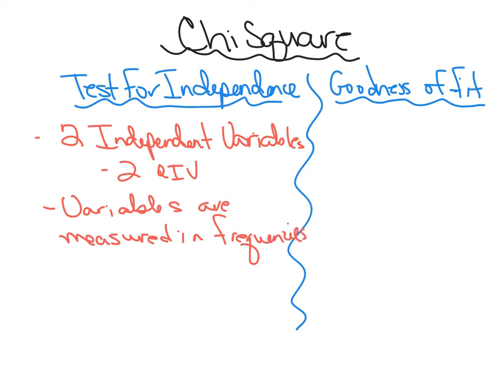So the number of women who have type A personality versus type B personality, or the number of men who have type A personality versus type B personality. It's just frequencies. And the key is our variables or data is discrete.